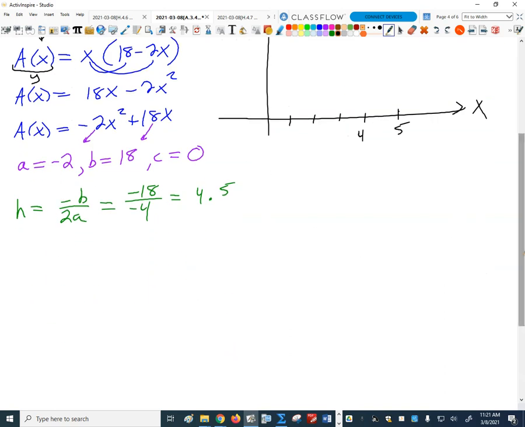If I want to calculate the output, I'm just going to plug 4.5 into my function. And let's use Desmos for that, right? We can use Desmos to make that calculation.